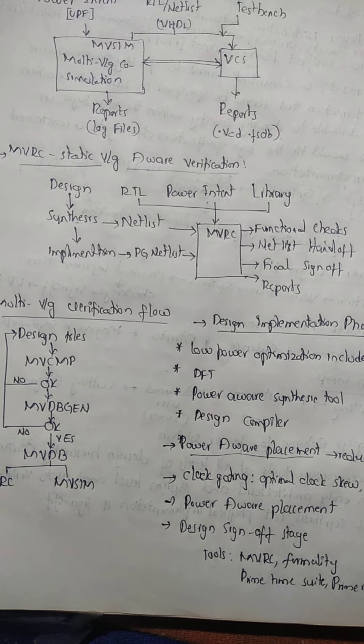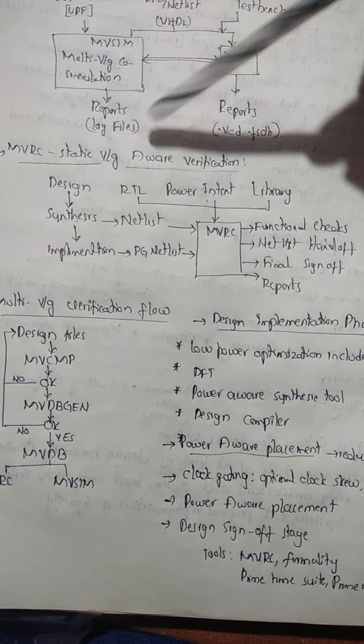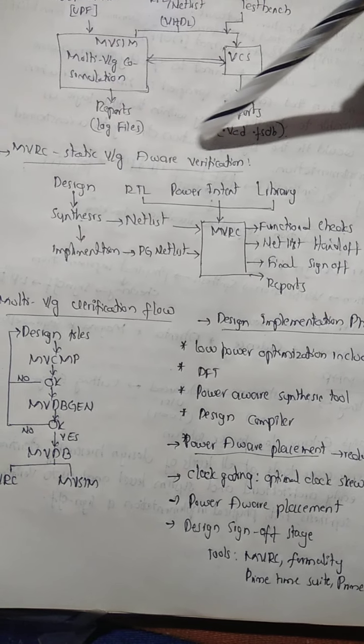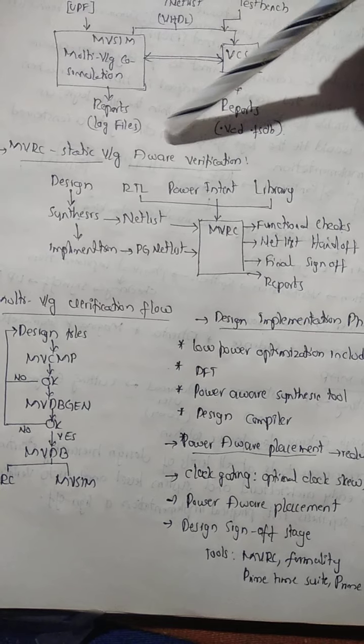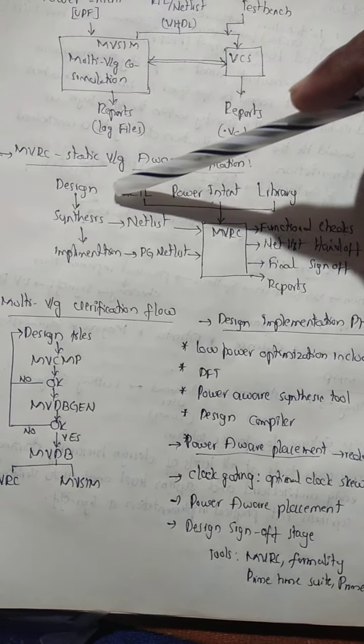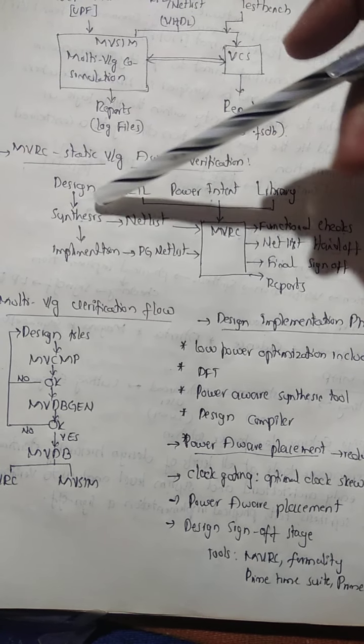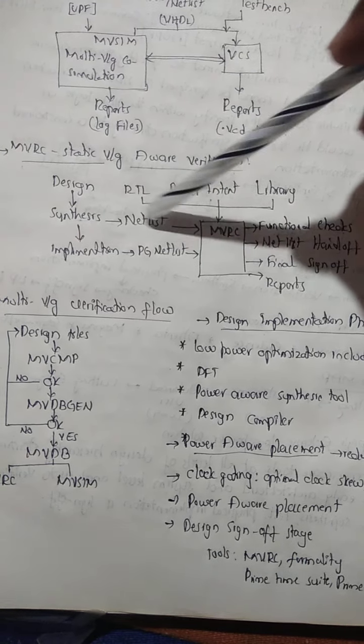Here we have MVRC, static MVRC along with static voltage awareness. As usual, first we do the design, and after design we go for the synthesis. The output of the synthesis is nothing but the netlist.